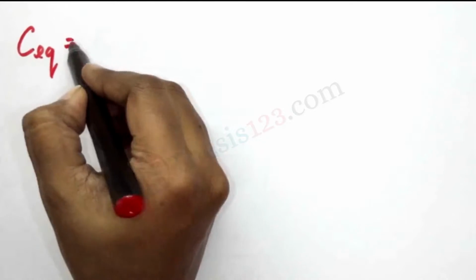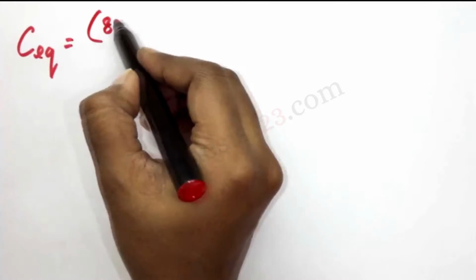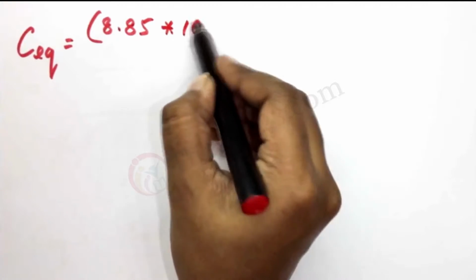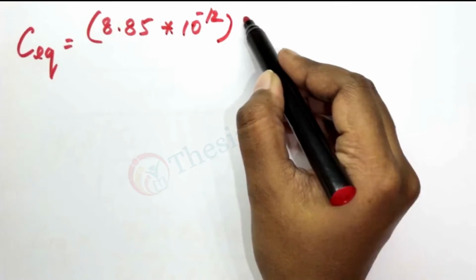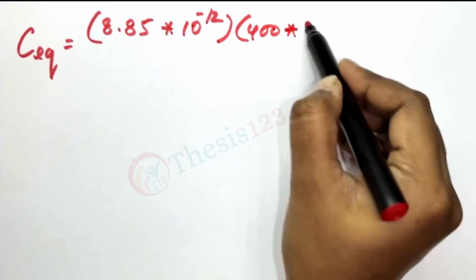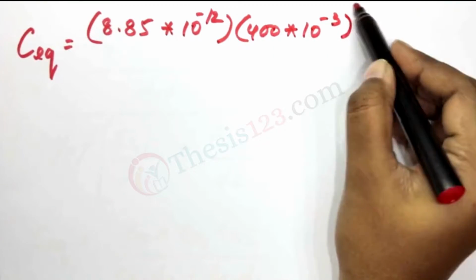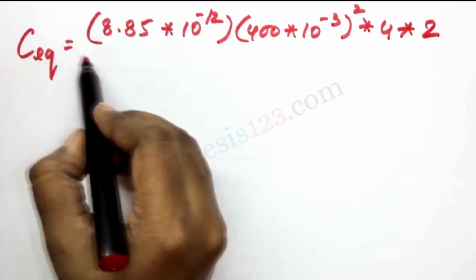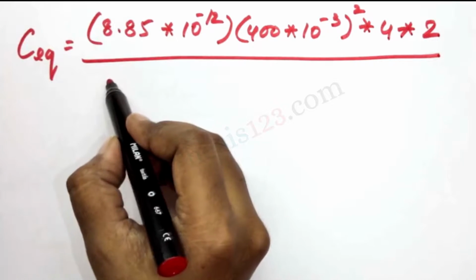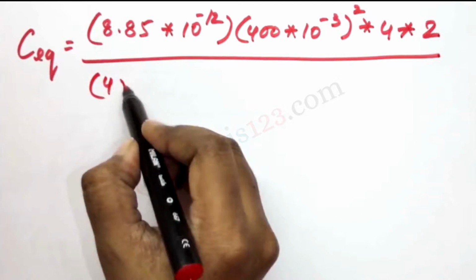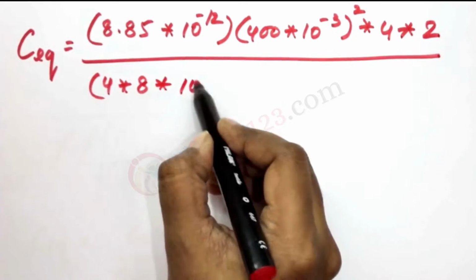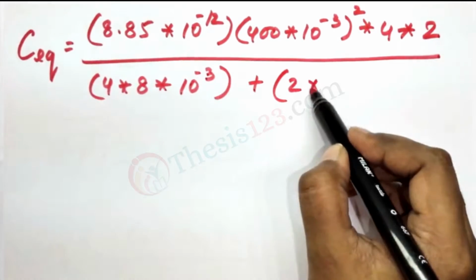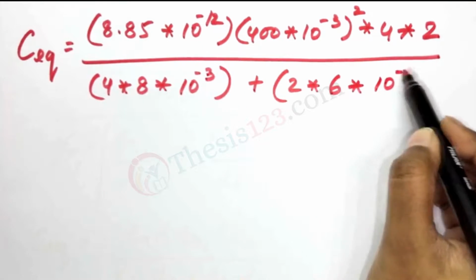C equivalent is equal to 8.85 into 10 power minus 12 times 400 into 10 power minus 3 whole square into 4 into 2 divided by, okay, here we have 4 times 8 times 10 power minus 3 plus 2 into 6 into 10 power minus 3.